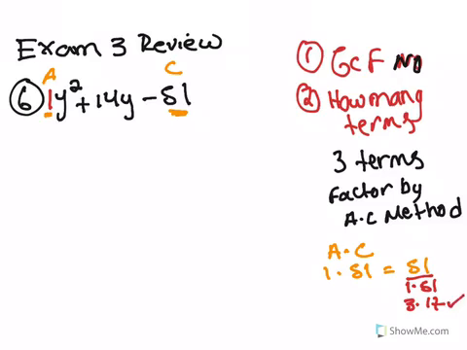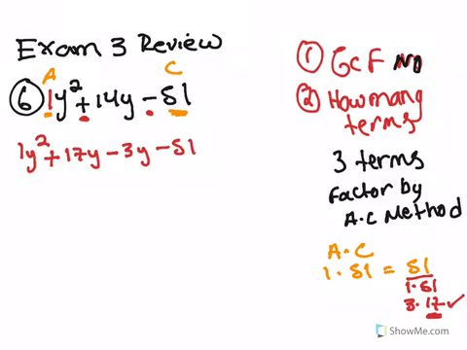So now I'm going to rewrite this trinomial as a polynomial with 4 terms. So I have 1y squared, bring the first sign down, plus, always put the biggest number first, 17y, positive times a negative gives me a negative 3y, minus 51.